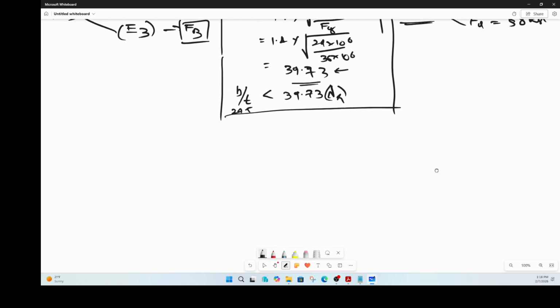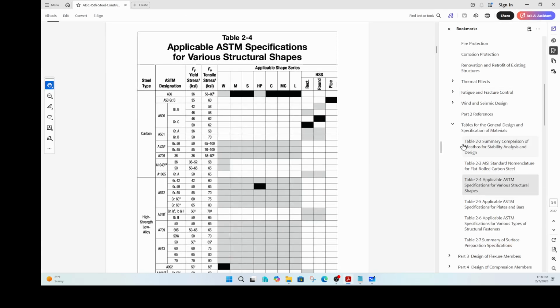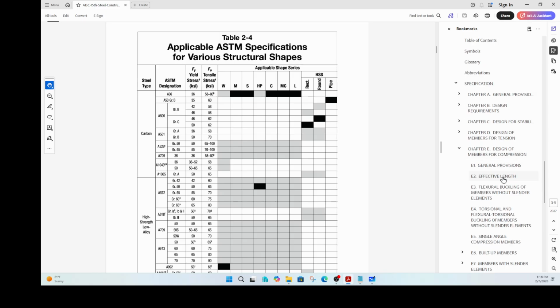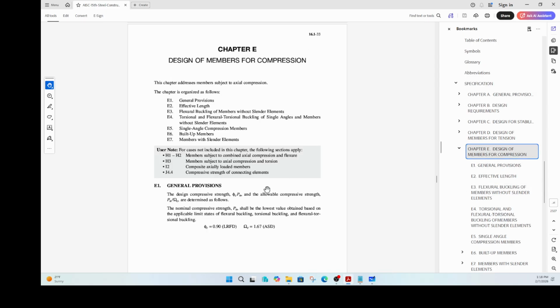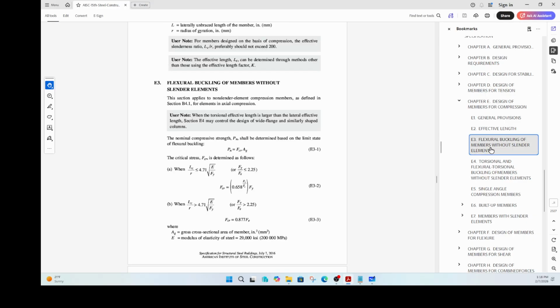And flexural buckling, we have seen it. Flexural buckling is nothing but you calculate your nominal value as Fcr times A gross. Again, this is there in the code. For example, if you go here to chapter E, this is design of compression members, and we are in E3 because we are talking about members without slender elements.